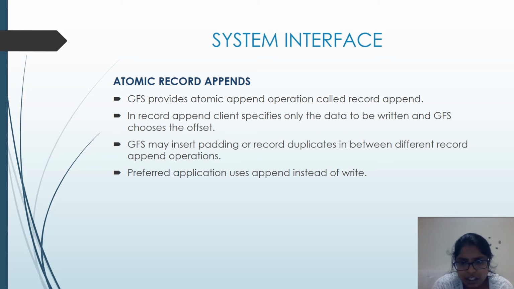As a result, replicas of the same chunk may contain different data where duplication is possible. Only the preferred applications use append instead of write. Let's go to the next slide.